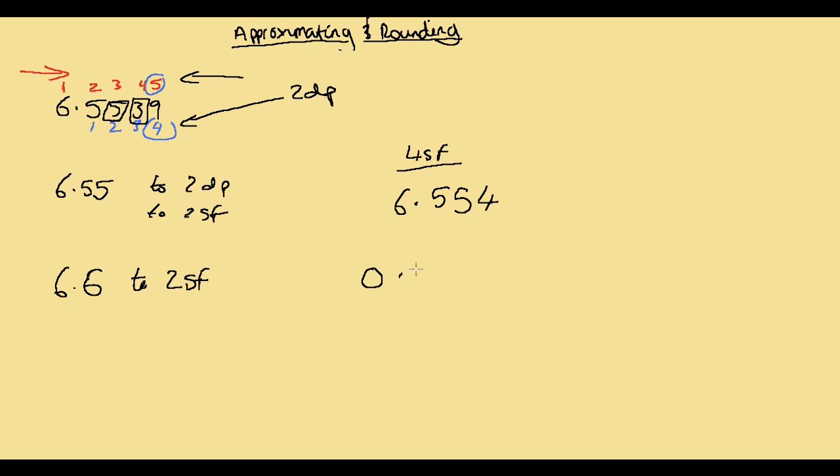This is quite easily illustrated in other examples as well. So say I have 0.004856, and this is the last example for today. I want to round this to both 3 decimal places and 3 significant figures. Let's start with the decimal places, and we'll do this in blue again, as we've done before. Decimal places always start from the decimal point, so first, second, third, fourth, fifth, and then sixth.